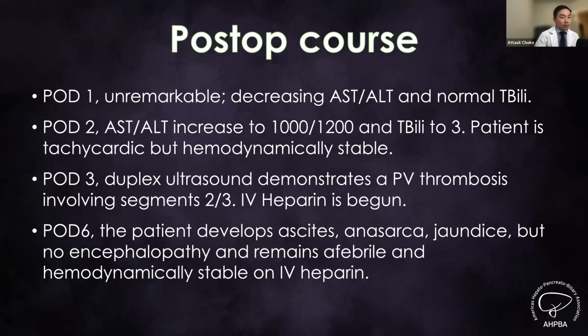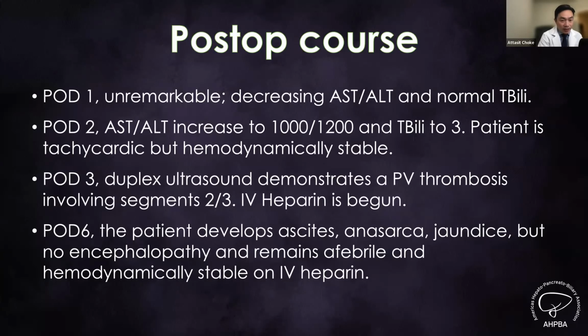Post-op course on post-op day 1 was unremarkable. AST, ALT were decreasing and bilirubin was normal. Post-op day 2, AST, ALT were increasing to 1,000 and 1,200 and bilirubin went up to 3. Patient is tachycardic, but hemodynamically stable.